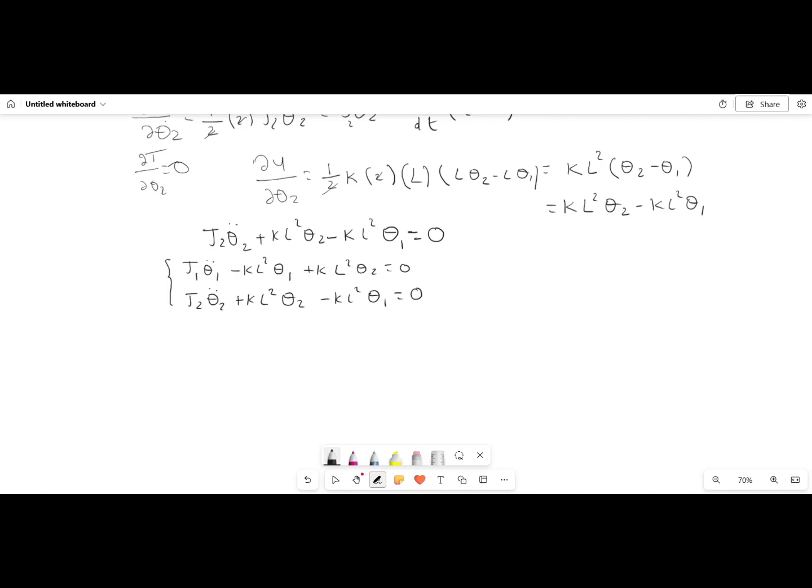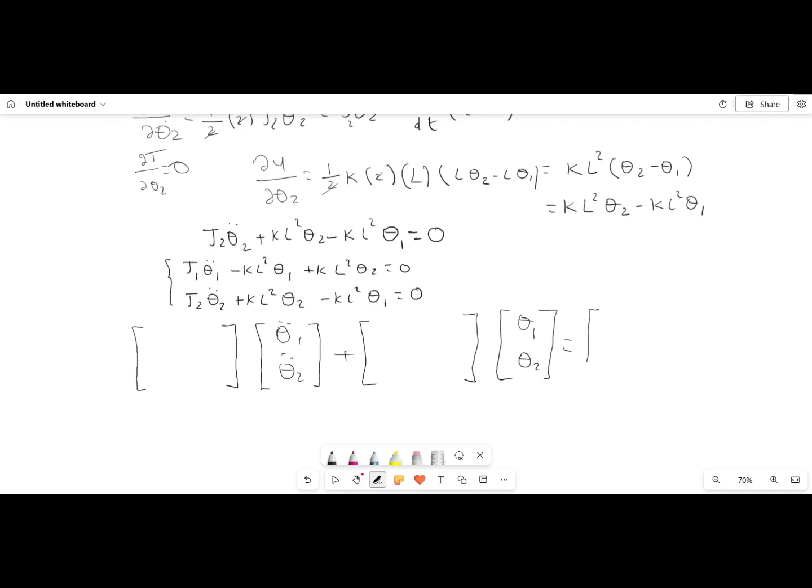If you do remember, I said the first matrix has to go with theta 1 double dot and theta 2 double dot, plus the second matrix expression has to go with theta 1 and the second one with theta 2.